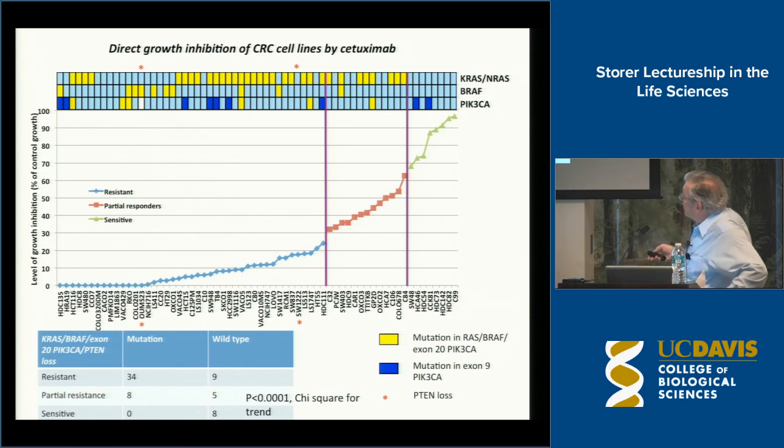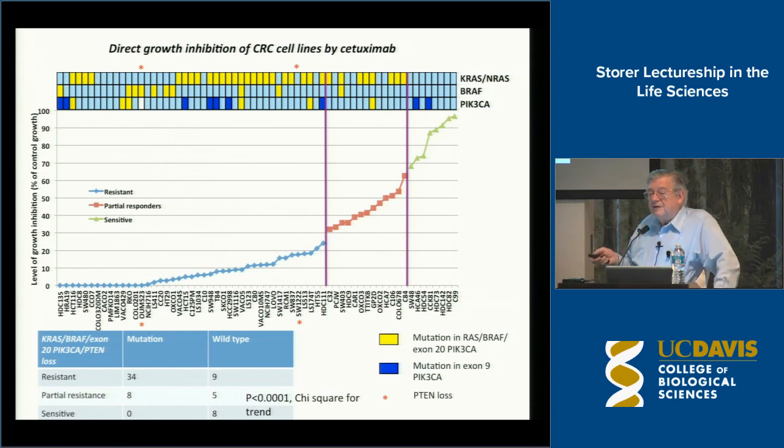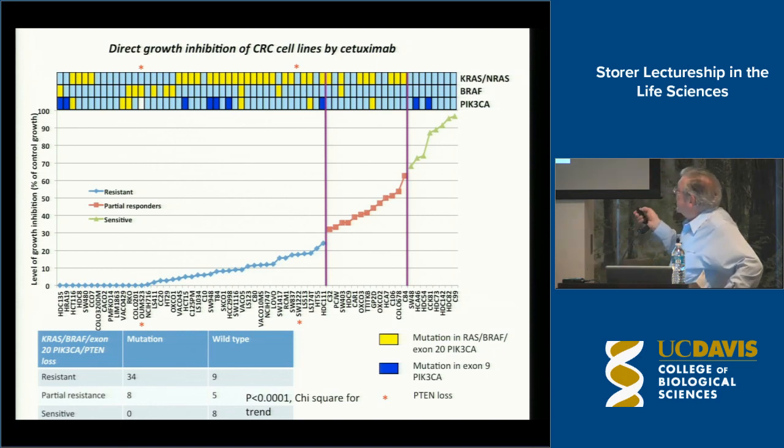And that correlates with what's subsequently been found clinically. In other words, the effects of these other mutations have been shown to be present in clinical data and extend what needs to be done in order to be sure of reasonably getting a better result with cetuximab treatment, in addition to looking for KRAS mutations.